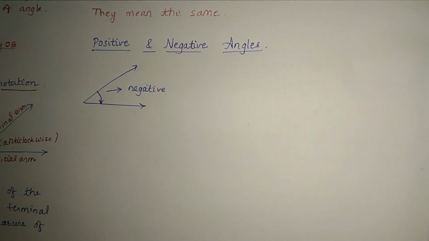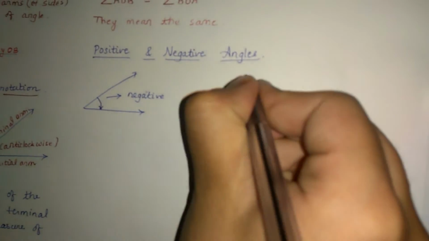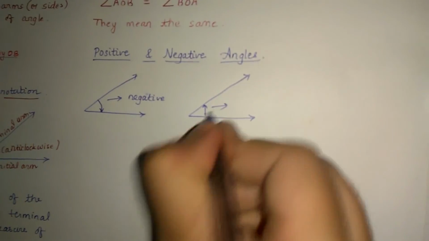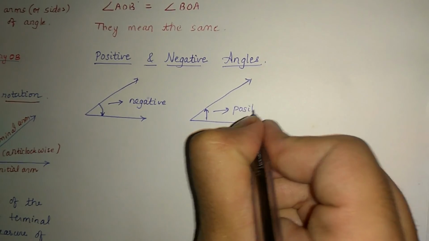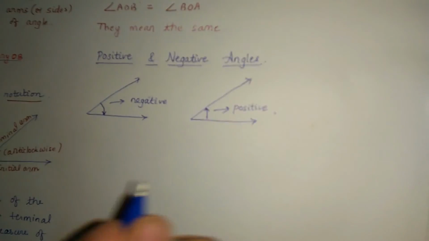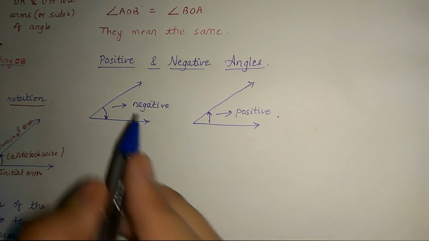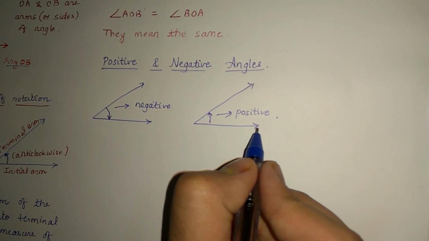This is a convention used worldwide. And if the rotation is anti-clockwise, we call it to be positive. So clockwise rotation gives negative angles, anti-clockwise rotation gives positive angles.